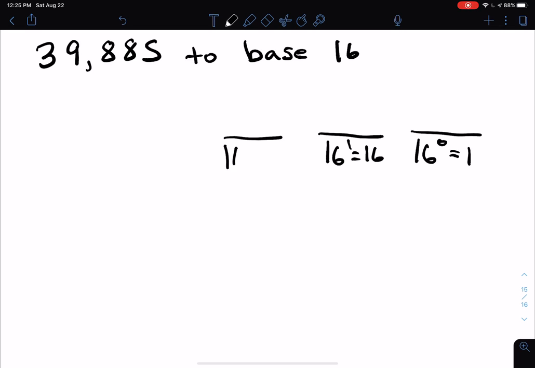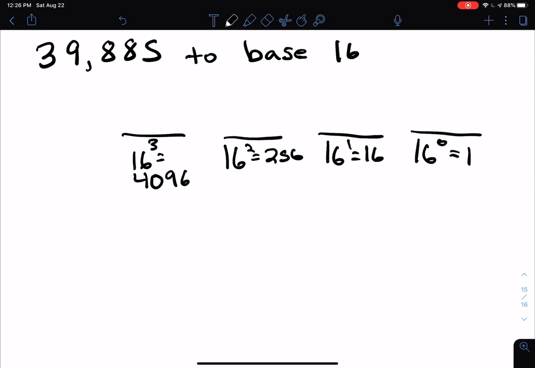I believe 16 squared is 256, but let me double check. Yes, that's 256. 16 cubed is 4,096. 16 to the 4th is 65,536, so that's way too big. So we can stop there.